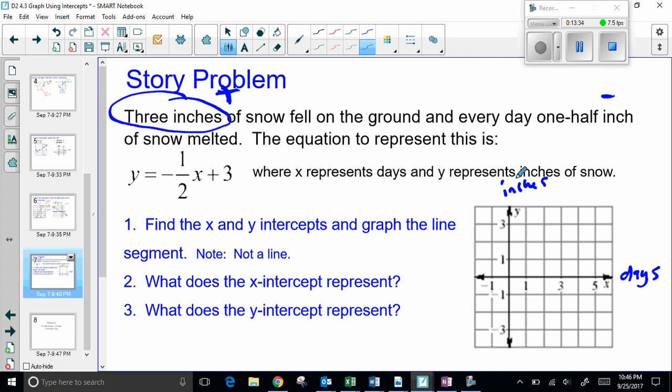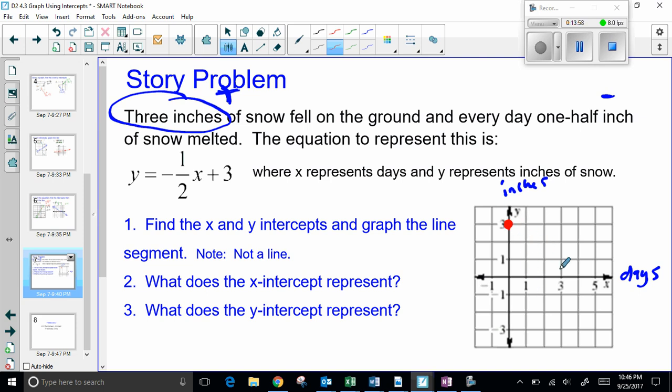Well, we start off with the 3 inches of snow. So even though no time has gone by for the snow to melt, we start off with this 3 inches on the ground. That's the deepest that the snow could be, right? But then we're going to see it decrease as time goes on.